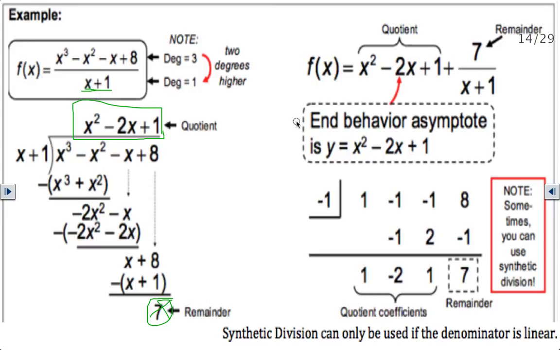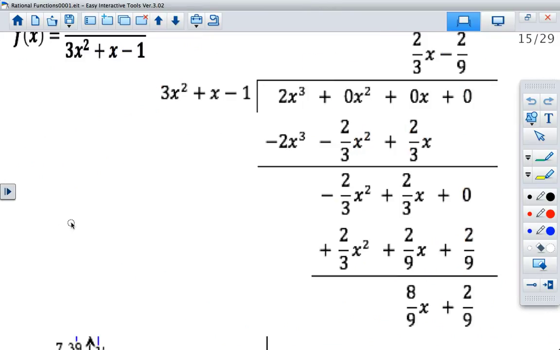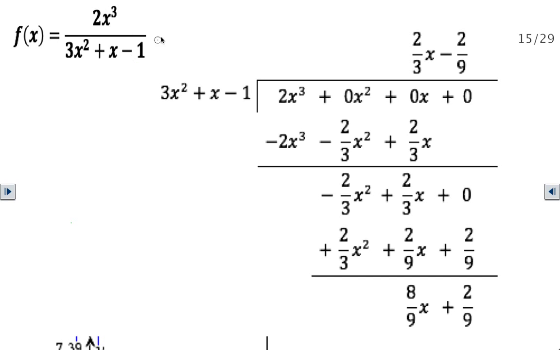Okay, and let's look at, I think I did one more example in the notes. Yeah. So right here, this is actually one of the problems that we're going to work on Friday in class. So those of you that come to class, you'll already have this answer. Go ahead and go through it. You can see how I added several zeros, because in my numerator I just had x to the third, so I was missing x squared, x, and my final 0.